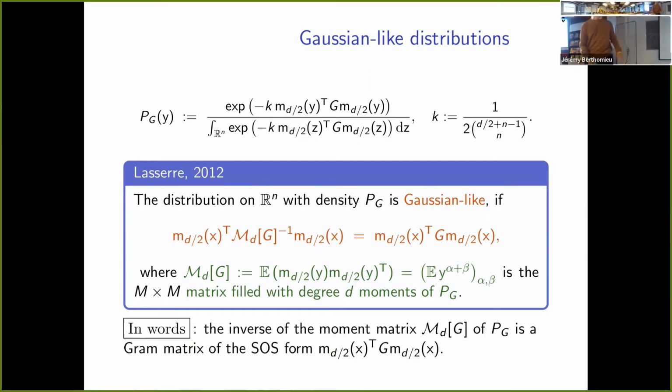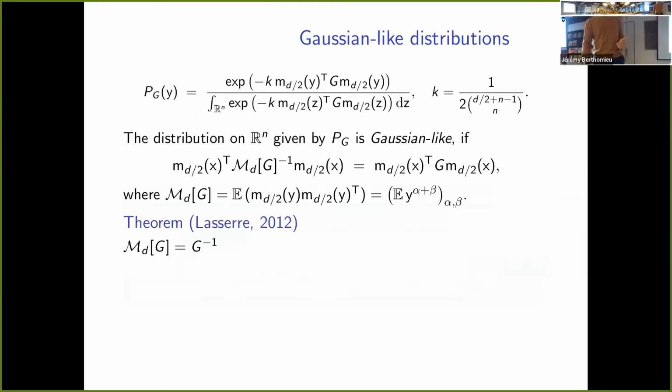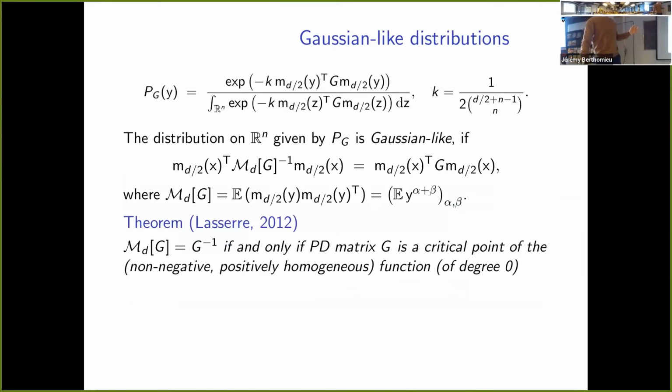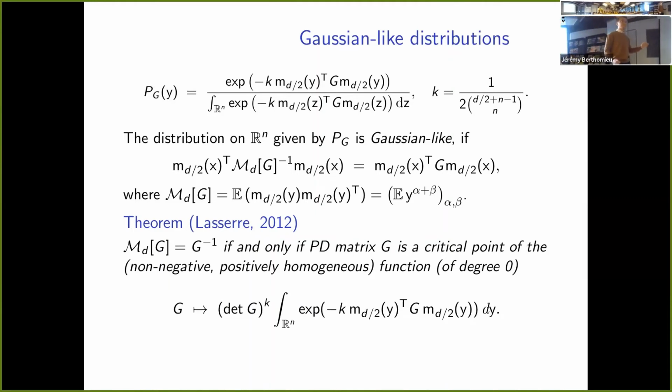Okay, so in words, the inverse of the moment matrix of this probability density function is a Gram matrix of the SOS form. And in the same work, Jean Bernard characterized when this Gaussian-like behavior occurs. He proved that G is the inverse of the moment matrix associated to the sum of squares of G if and only if G is a critical point of the following function.